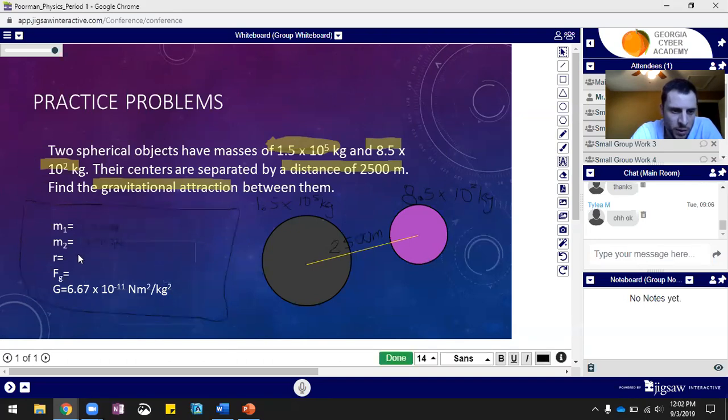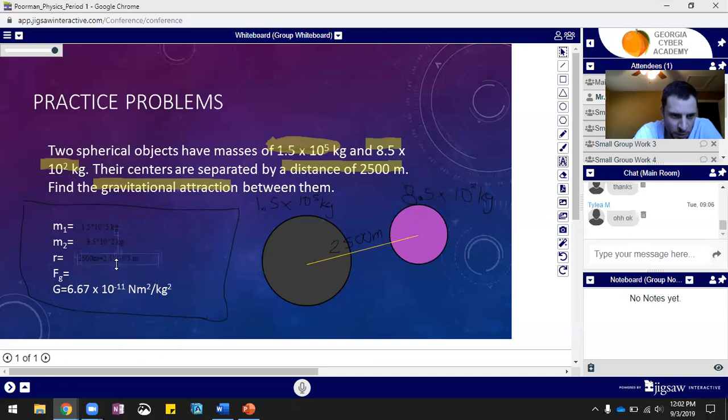And our distance is 2,500 meters. And I can write that in scientific notation. That equals 2.5 times 10 to the third meters.